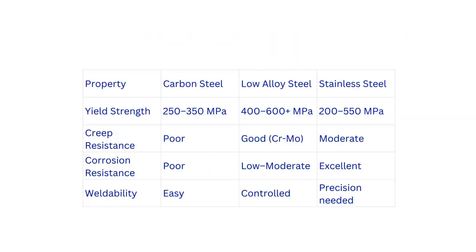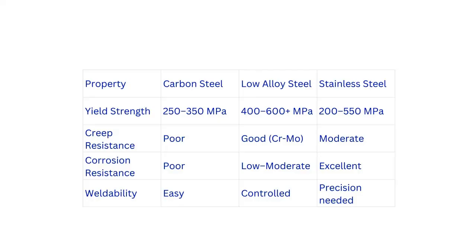Let's compare key mechanical properties. Carbon steel yield strength is 250 to 350 megapascals. Low alloy steel, 400 to 600 plus MPa. Stainless steel, 200 to 550 megapascals, depending on grade.